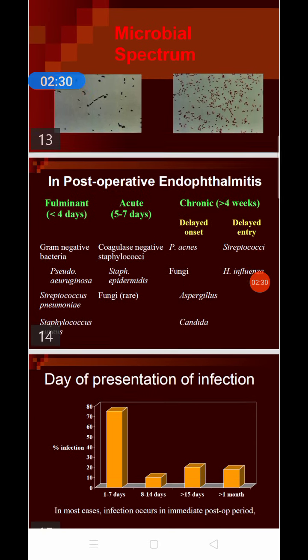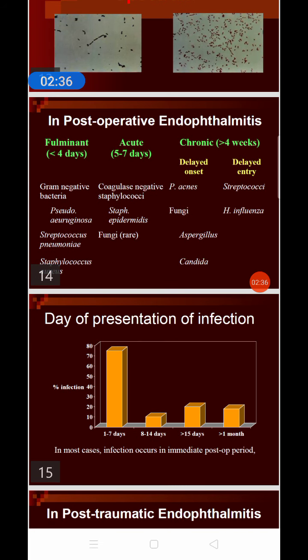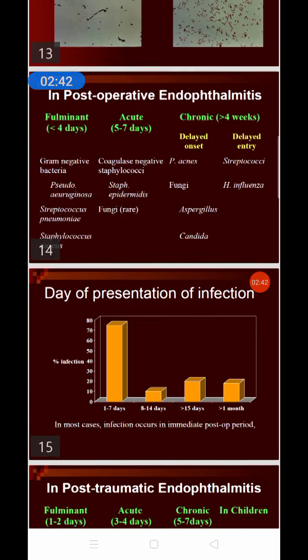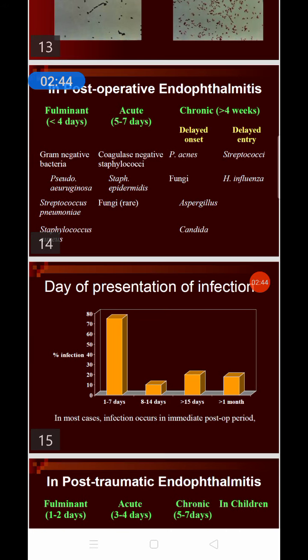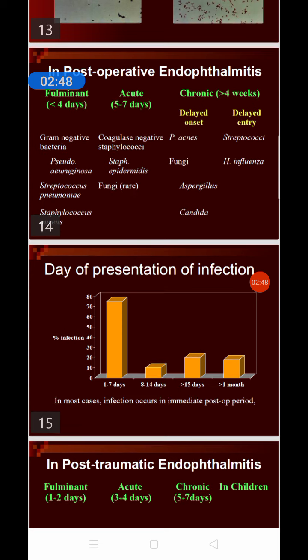In postoperative endophthalmitis, it could be fulminant, acute, or chronic. Acute is within a week, chronic is more than 4 to 6 weeks, and fulminant is usually less than 4 days. Fulminant is usually gram negative. In acute, most commonly coagulase negative staphylococcus.